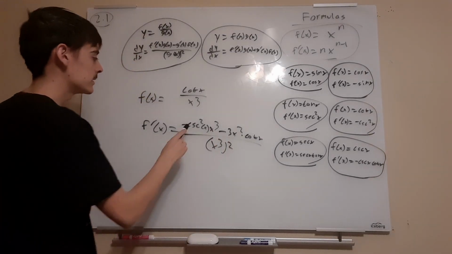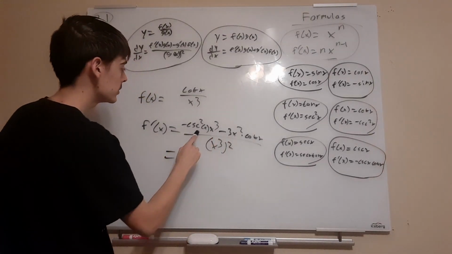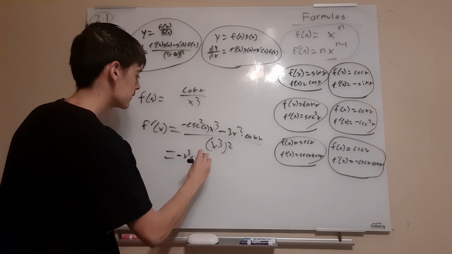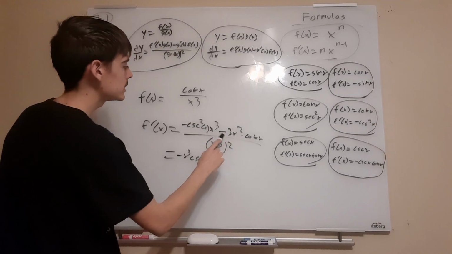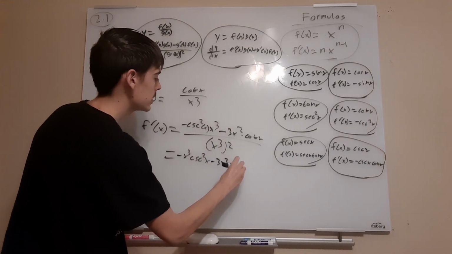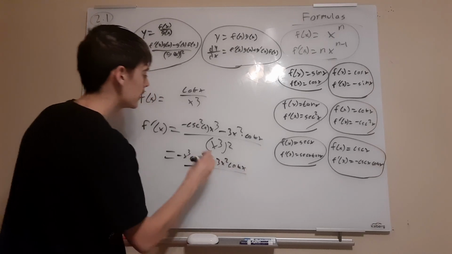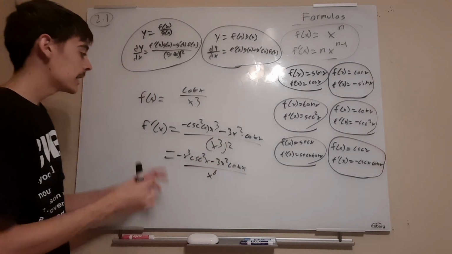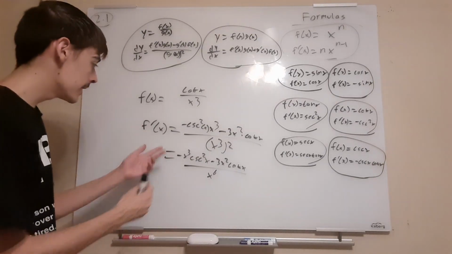Simplifying this one, this is going to turn into negative x cubed cosecant squared x. And then over here, it's just going to be minus 3x squared cotangent x. And this denominator, x cubed all squared, turns into x to the 6th. And this one you can actually simplify a bit more.